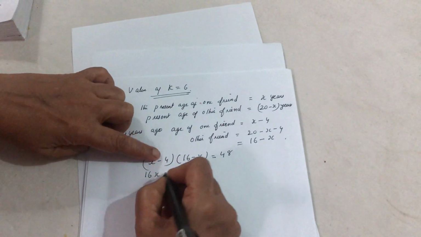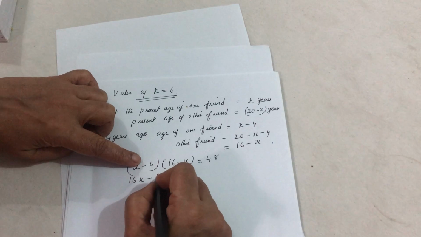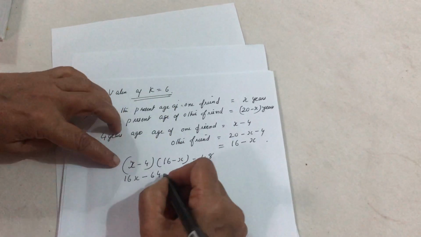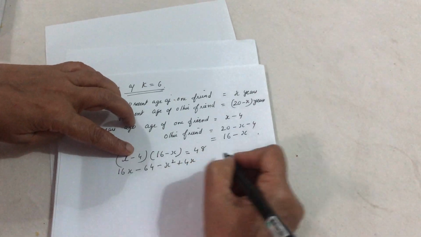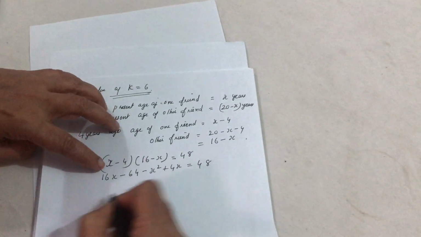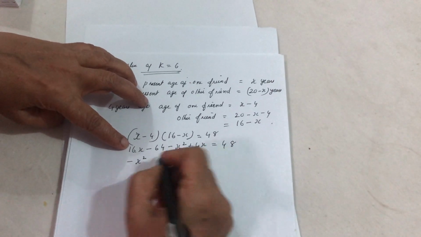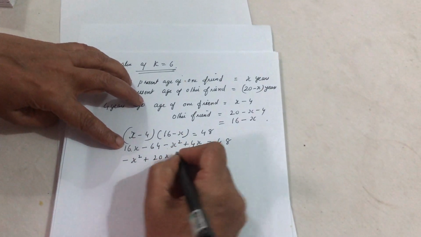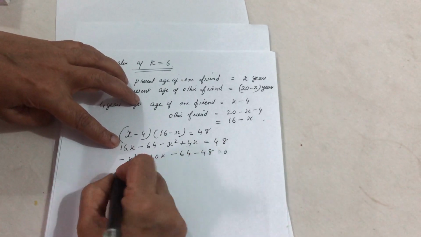16x minus 4 into 16, 64, minus x squared plus 4x equal to 48. Minus x squared, 16x plus 4x is plus 20x, minus 64 minus 48 is 0.